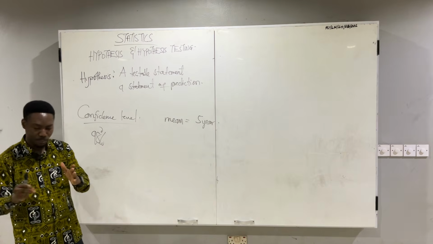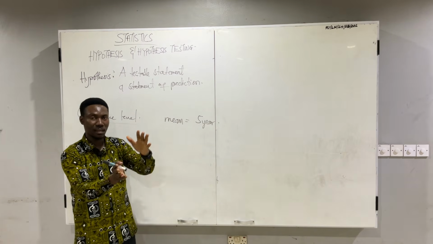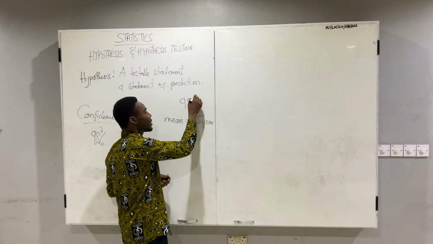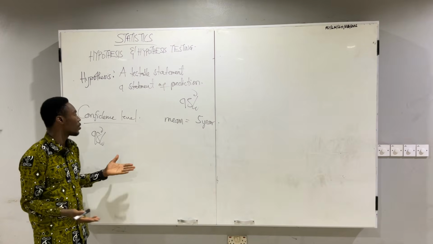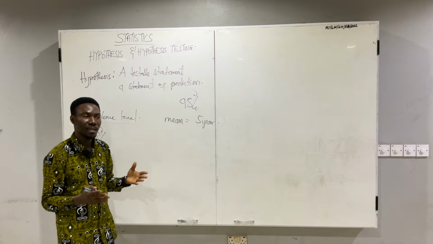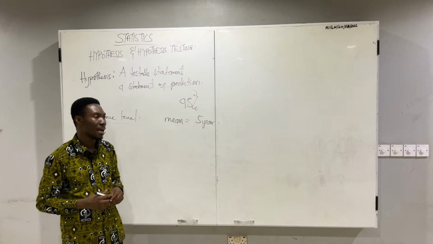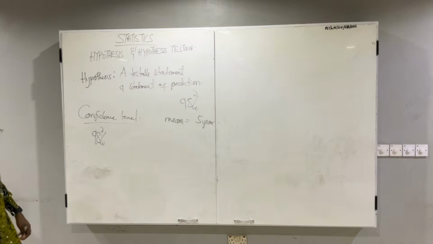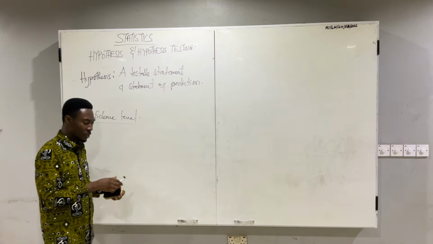It simply means, the procedure you use in calculating the mean and the answer you've gotten, how confident are you? Then you tell me, okay, I'm 95% confident. So confidence level is basically a measure of how accurate a statistical procedure or a statistical method is.